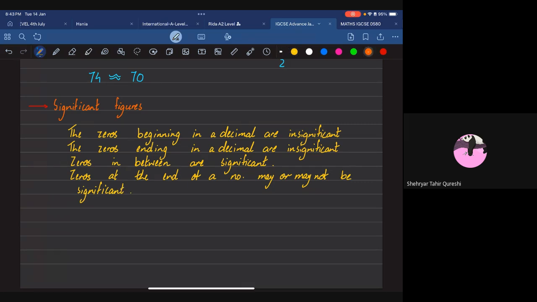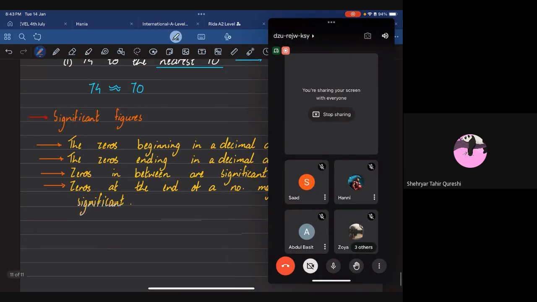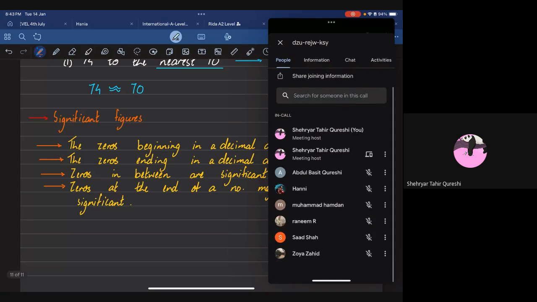Clear? Are there any issues with this? Anyone who does not get this, let me know. This is completely childish, though. You already know this. Did anyone have any questions?